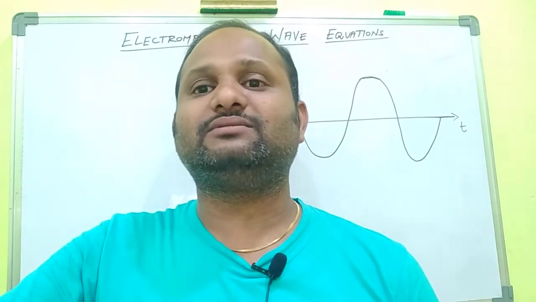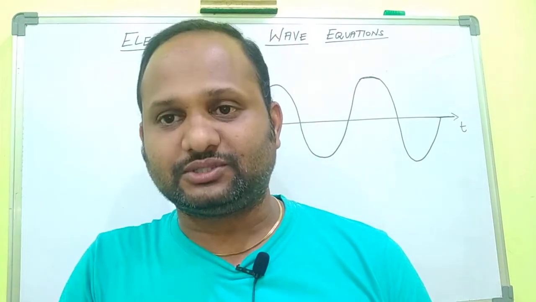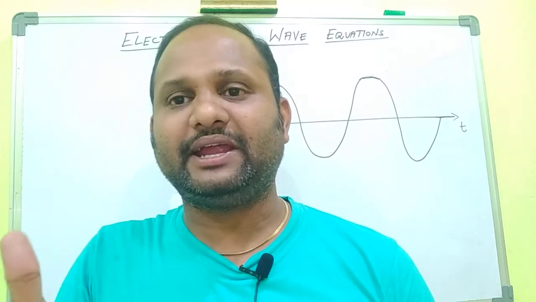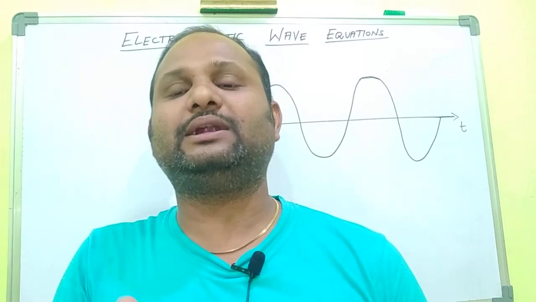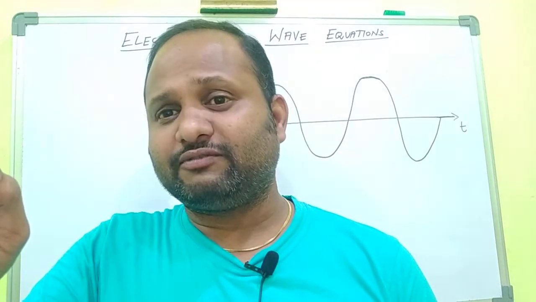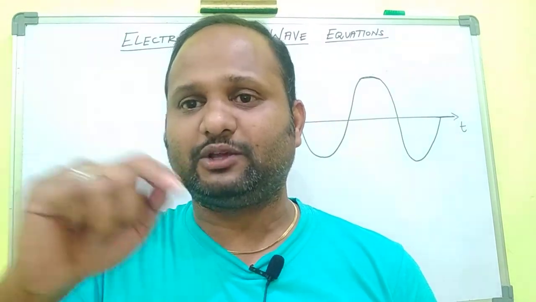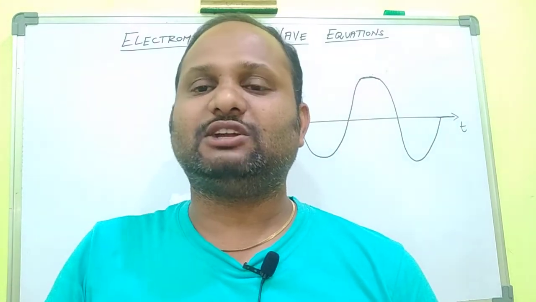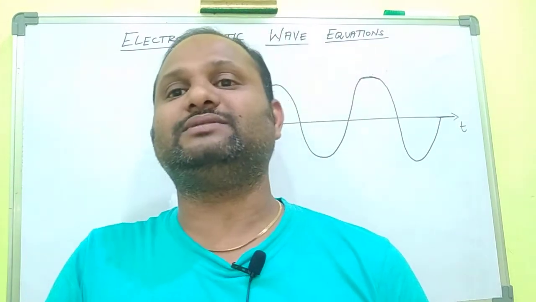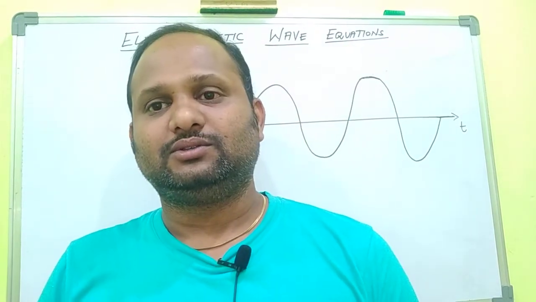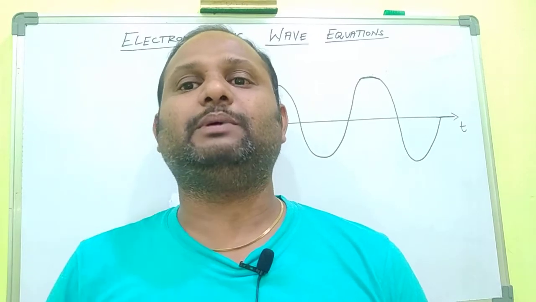One field varying, another field will be produced. Simultaneously, the two waves propagate in perpendicular directions. The direction of propagation of the electromagnetic wave is perpendicular to the direction of propagation of the electric and magnetic waves. So the three are mutually perpendicular to each other.